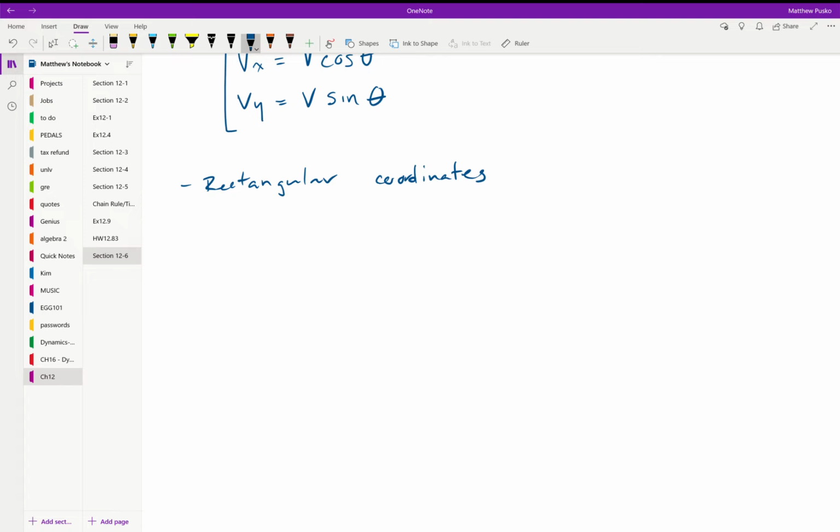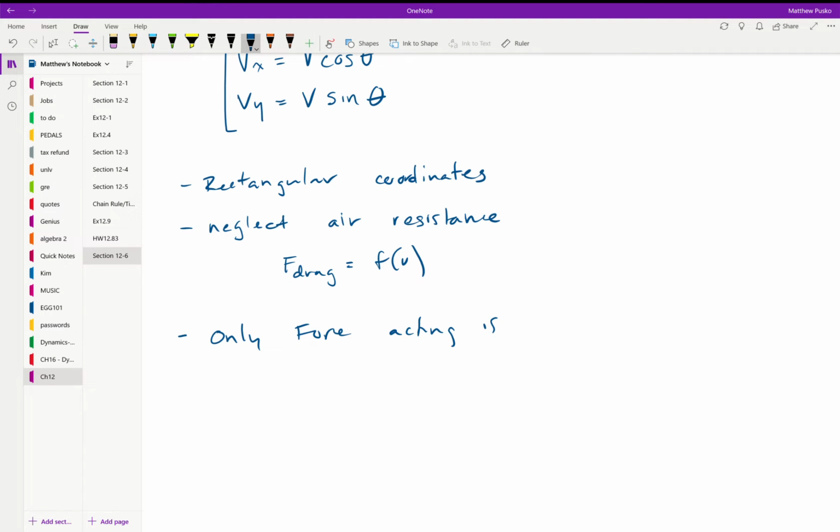We are typically going to neglect air resistance unless it says so. If not, the force due to drag is typically a function of velocity. What else? Very important, the only force acting is the force due to gravity.